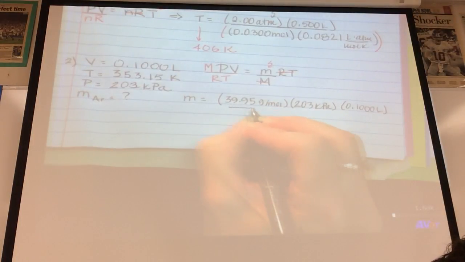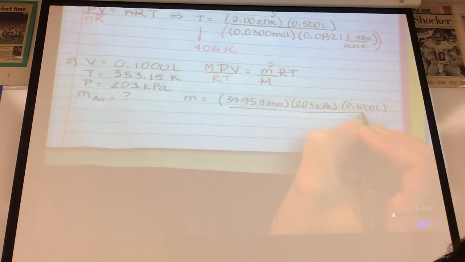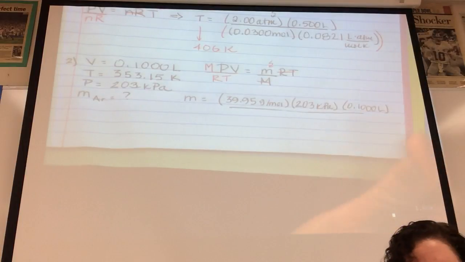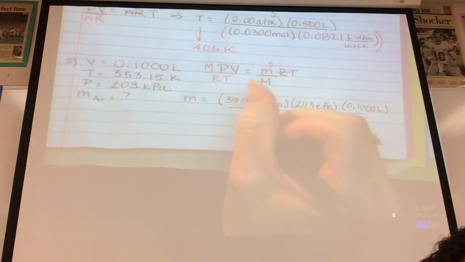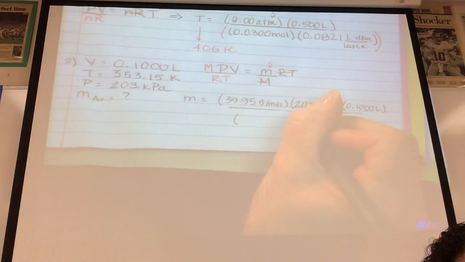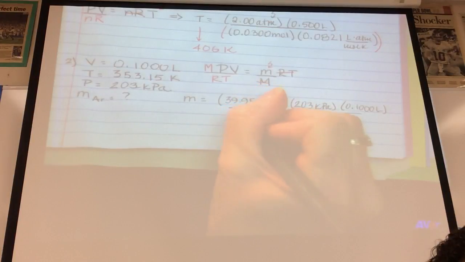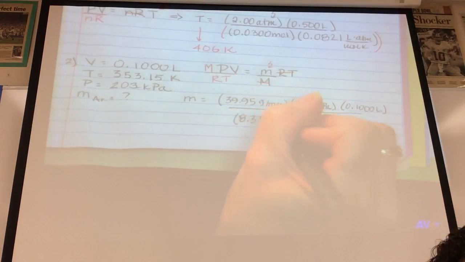And you'll divide that by RT. Which R should I use? The 8.314 liters kPa over mole Kelvin.